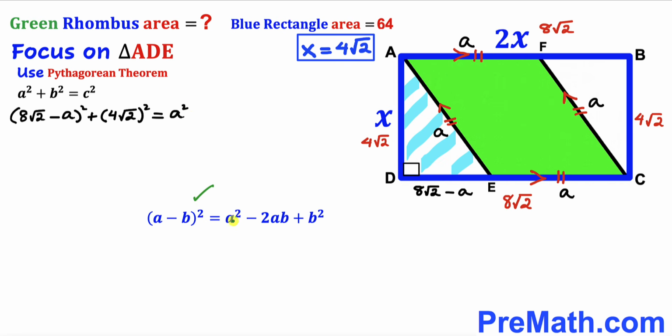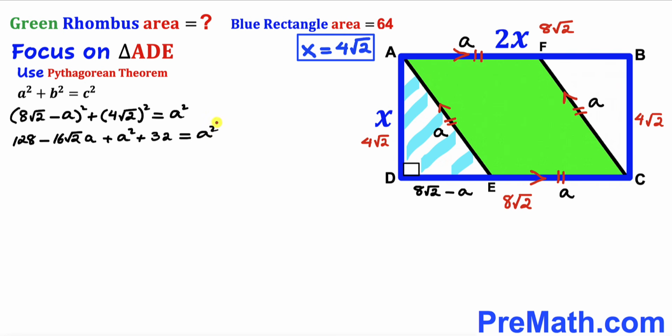Now let's recall this famous identity: a minus b whole square can be written as a square minus 2 times ab plus b square. We are going to apply this identity on the binomial on the left hand side of this equation. So we are going to have 128 minus 16 times the square root of 2 times a plus a square, plus likewise this is going to be 32, equals a square.